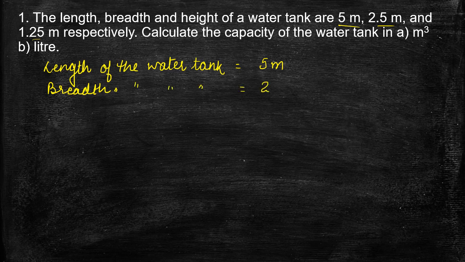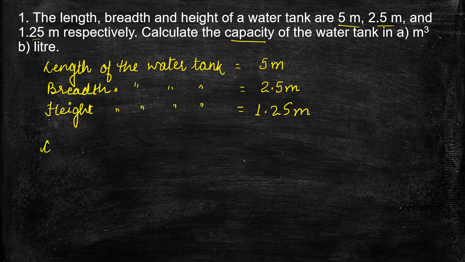It is 2.5 meter and height of the water tank, it is 1.25 meter. We have to find out the capacity of the tank. Capacity of the tank means volume of that tank.